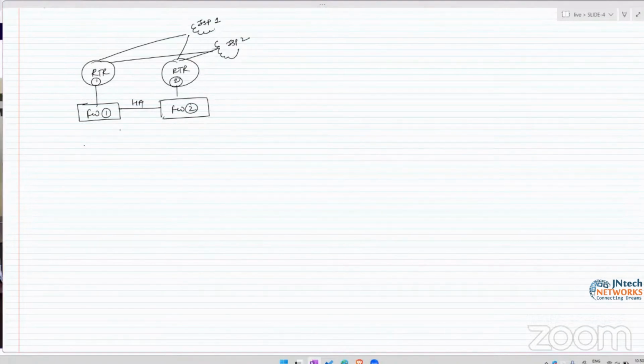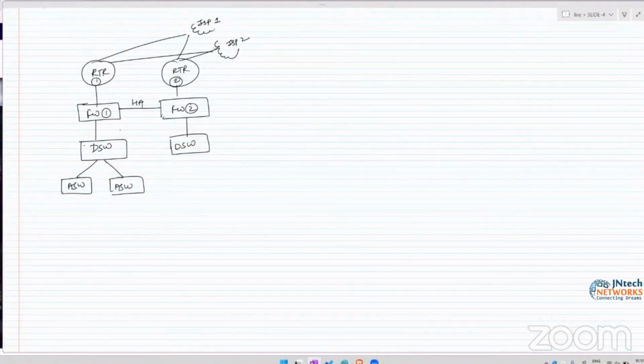Clear? Now, after the firewall we are using distribution layer switches. After the distribution layer switches, we are connecting some access layer switches on this side and this side.